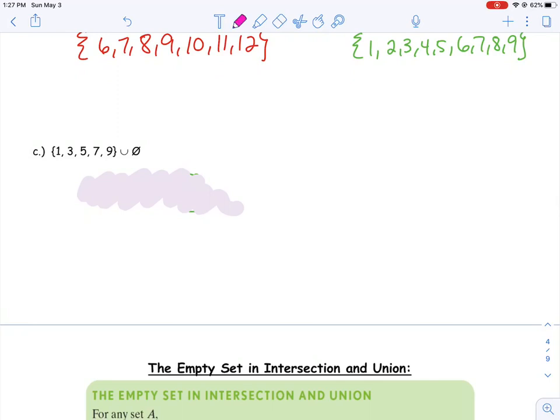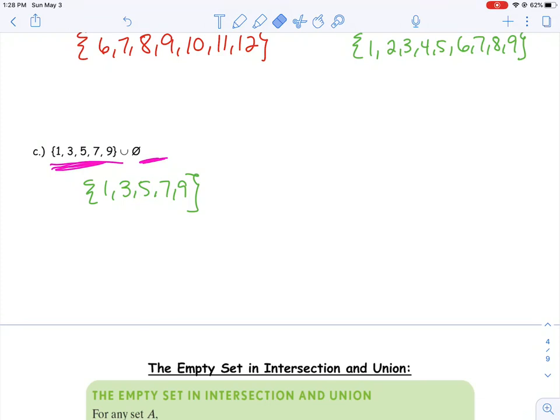Part C says we have the set with 1, 3, 5, 7, 9, and then we have an empty set. You have stuff. Your boyfriend or girlfriend has no stuff. What happens when you get married? You've got just all your stuff, right? They bring nothing. So I have the union of 1, 3, 5, 7, and 9 and the empty set still just being 1, 3, 5, 7, and 9.